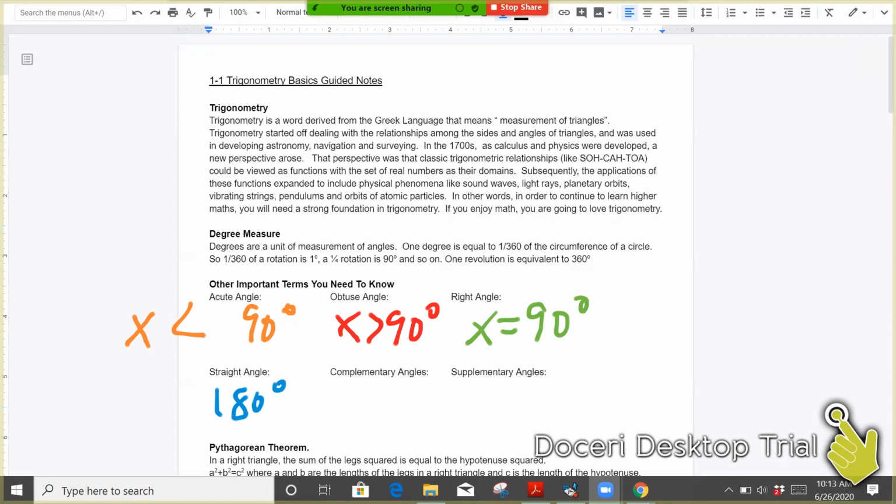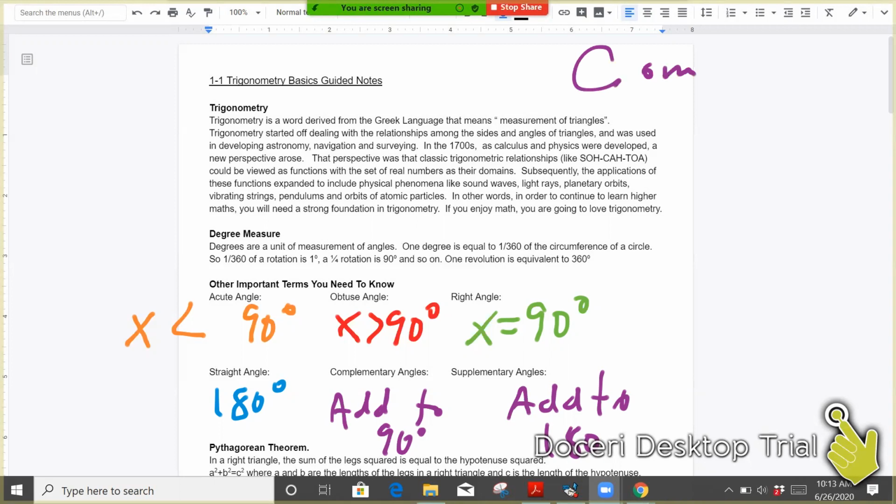Complementary angles are angles that add to 90, all right? Angles that add to 90. And there's a way to remember that, but I guess we'll learn about supplementary angles first because they're kind of related. Supplementary angles are two angles that add to 180. The way I remember that is I think of the C in complementary and the S in supplementary.